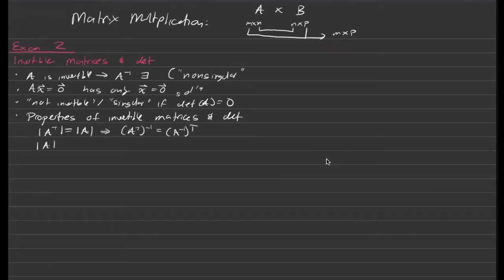If the determinant is not 0, or non-singular, then we can say that the determinant of A inverse is equal to 1 over the determinant of A. So the reciprocal. The last property we're going to cover is that if we have two matrices, A and B, and we want to take the inverse of the product, that's just equal to inverse B times inverse A. And recall that for matrix multiplication, the order does matter.